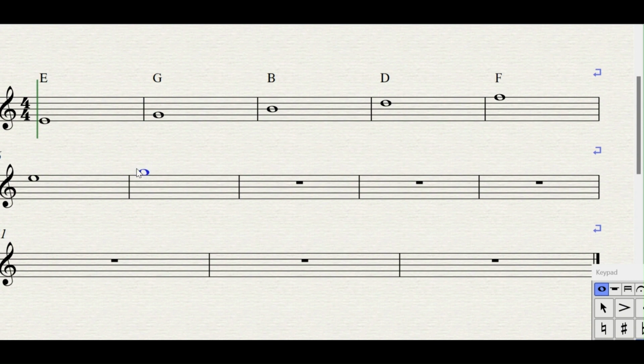Now, don't be tempted to put a ledger line above it. It is not necessary. We can clearly see it's a space note because there aren't any lines going through it, and it's sitting there in a space. So a ledger line is not necessary. You only use the ledger line when it's required, and most times that is because you need to put a note that's actually on a line, a ledger line, as opposed to in a space.